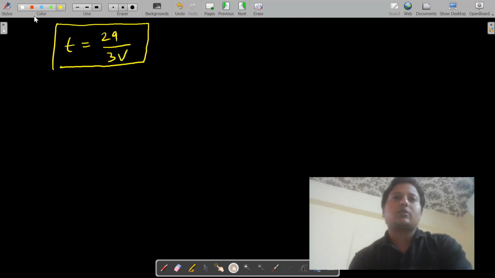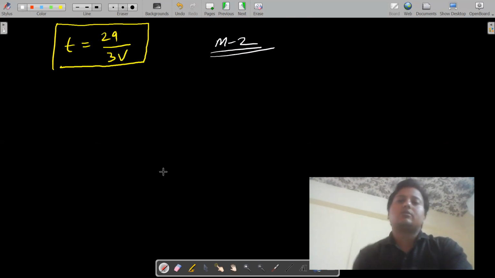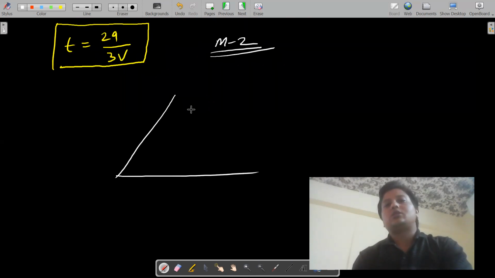There is another method by which this can be solved. We know the initial separation between particles 1 and 2 is a, and finally both particles will be at the centroid.